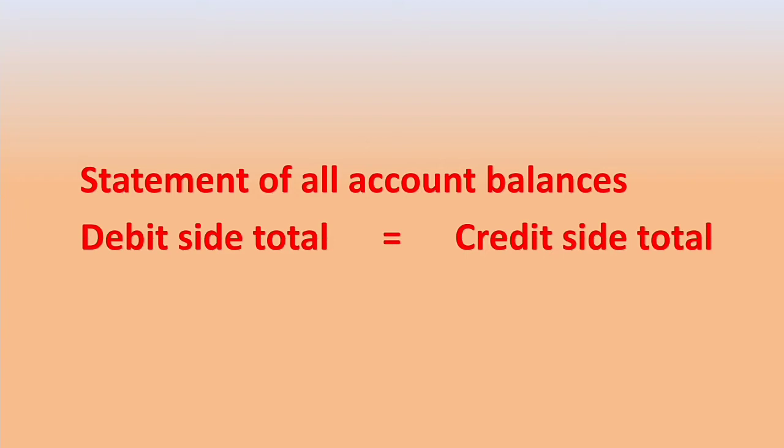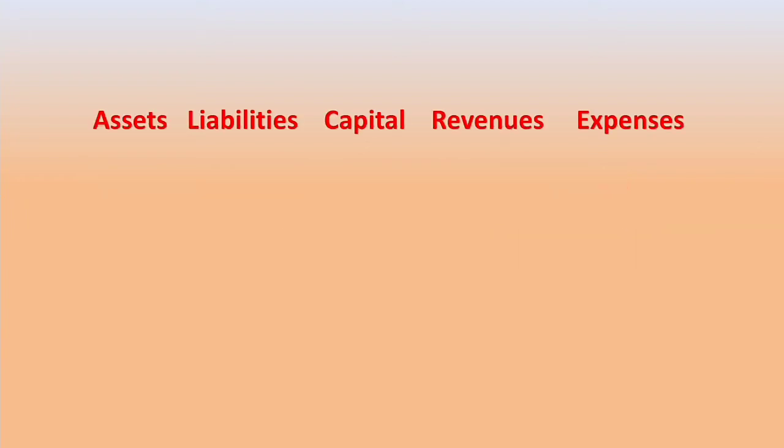The different categories of accounts for a business are assets, liabilities, capital, revenues and expenses. These are the different categories of accounts for a business. And the difference between revenues and expenses is known as profit or loss. If the revenues are more than expenses, we can say that it is profit. And if the expenses are more than revenues, we can say that the business is in loss.